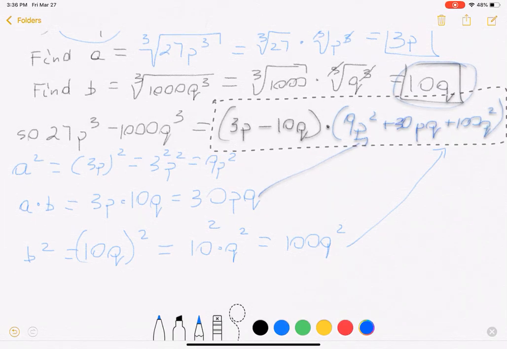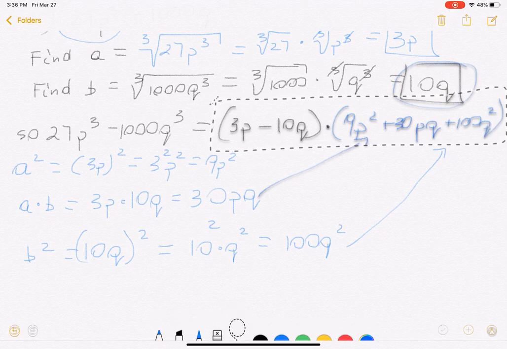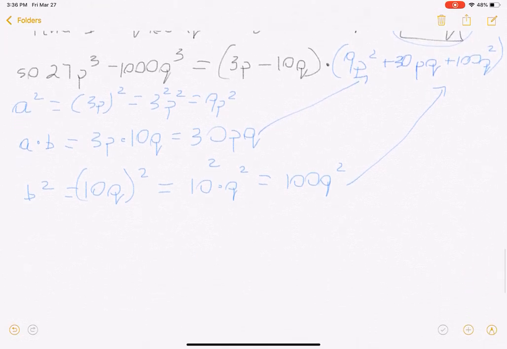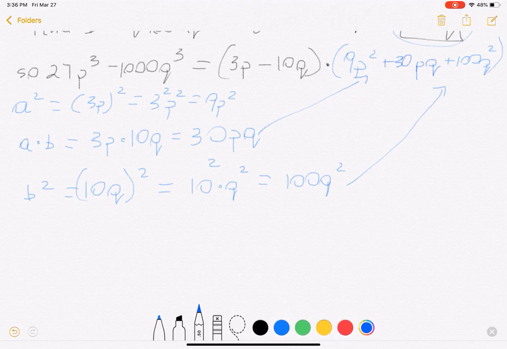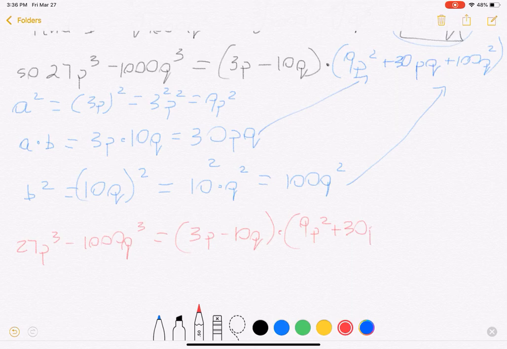I'm going to rewrite that. 27, so let's put it together. 27p cubed minus 1000q to the third power is the same as 3p minus 10q times parenthesis 9p squared plus 30pq plus 100q squared.